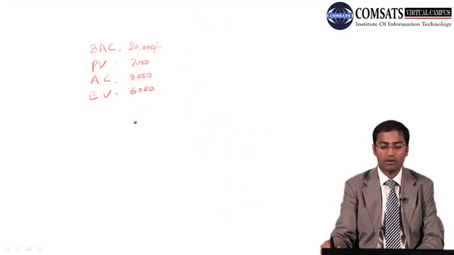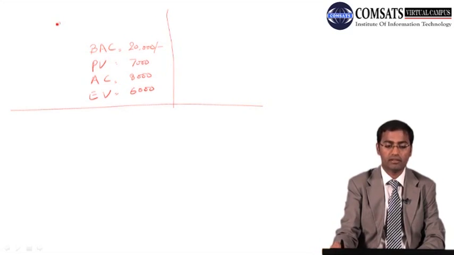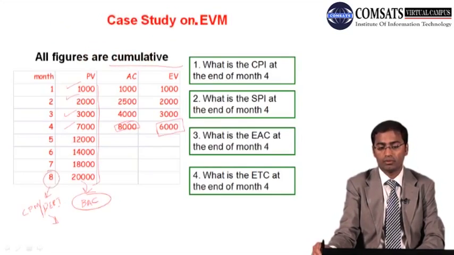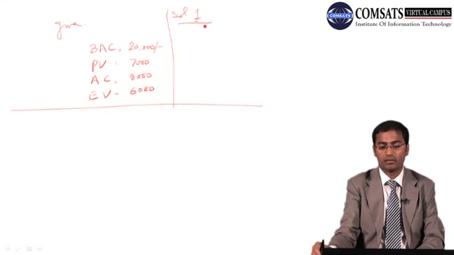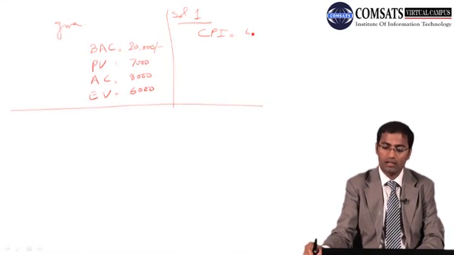So the first part, this is given. Now the solution. The first part is, what is the CPI? So for CPI, we have the formula EV by AC.